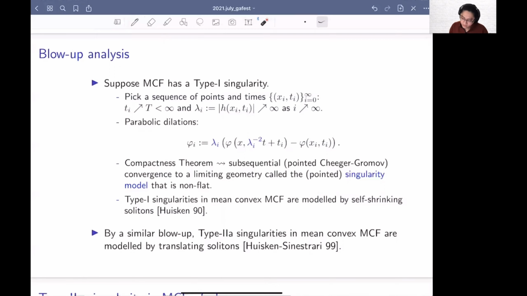This is the work done by Huisken and Sinestrari towards the end of the 90s. But this doesn't quite tell us whether or not type 2A singularities exist at all, because this result just says, if it exists, then after blowup you see a translating soliton.